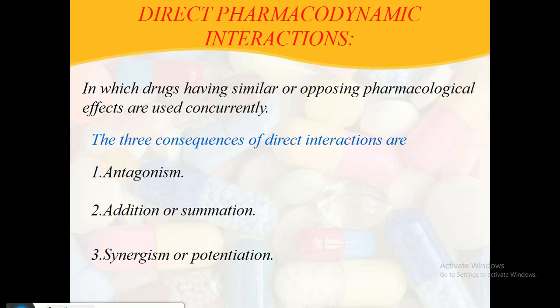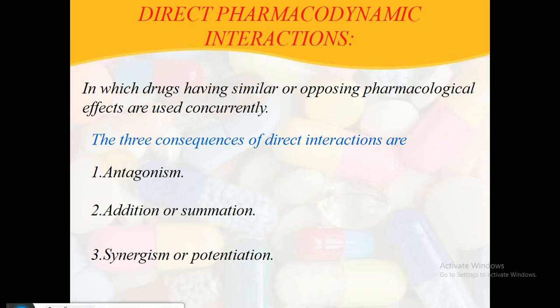What is direct pharmacodynamic interaction? It is the interaction when drugs having similar or opposing pharmacological effects are used concurrently in combination. There are three consequences of direct interactions.